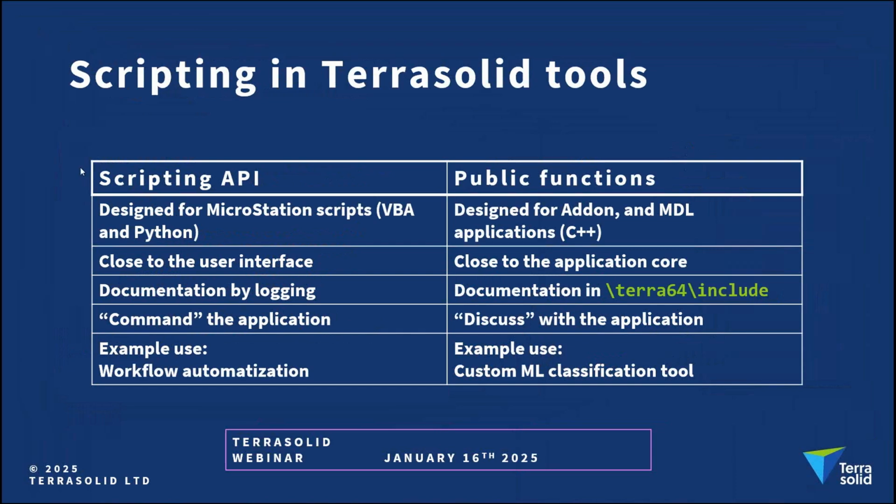So if we compare these two side by side, the scripting API is designed for MicroStation scripts, originally for Visual Basic, and now it can be used in the same way with Python scripts. And then the public functions, those are for add-on programs.